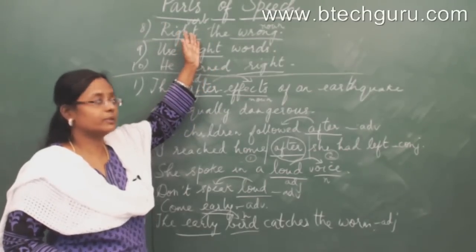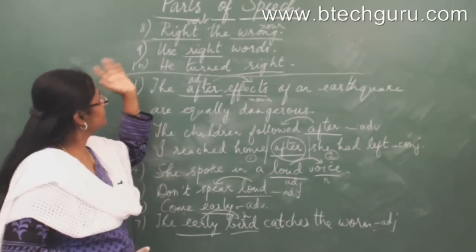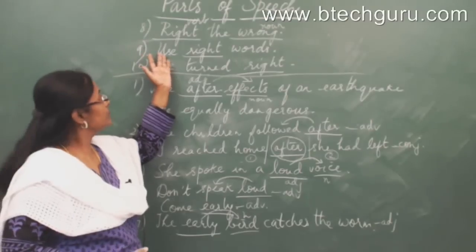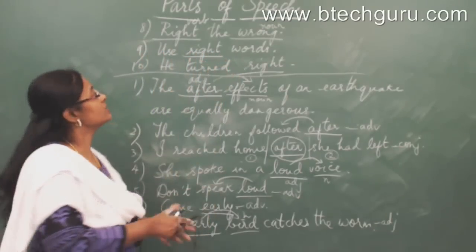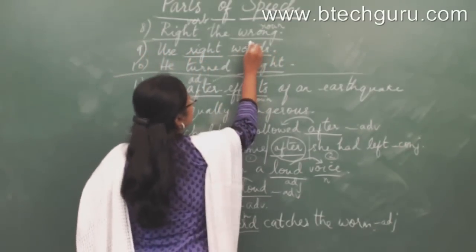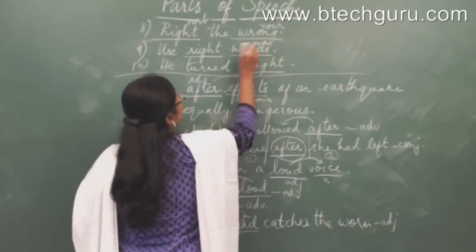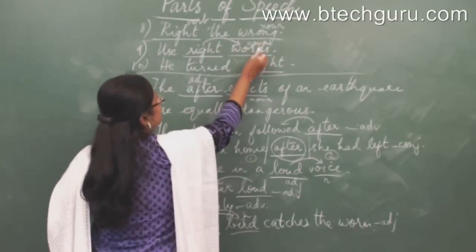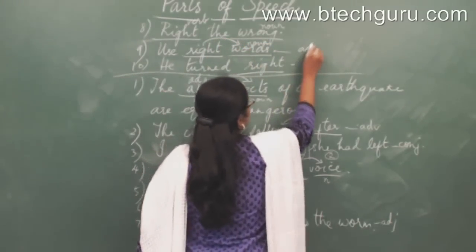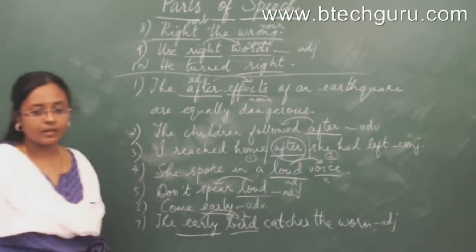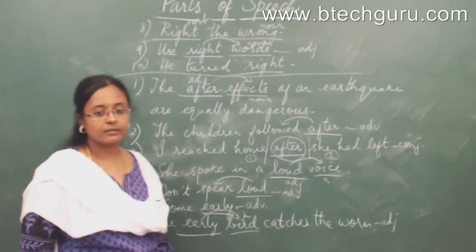It is a verb. Right the wrong. Okay. Then number 9. Use right words. Yes, that's adjective right because words is noun and right talks about the noun. So this is an adjective. Right. Then the last one.